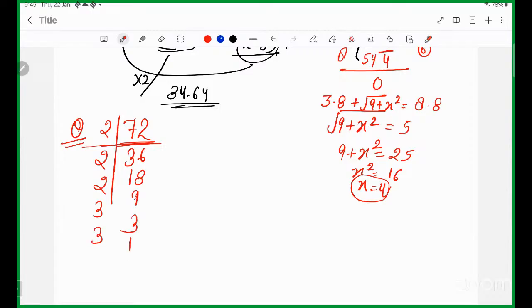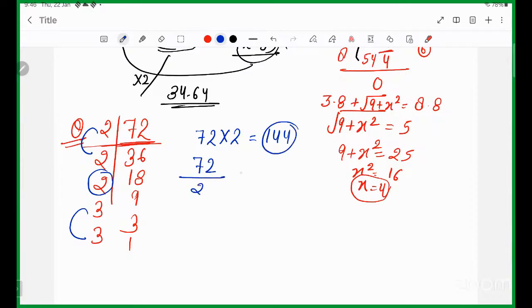So here I can see that I have a pair of 3, but I don't have a pair of 2. Either I should multiply 72 by 2, then I can get 144, which is the square of 12, or I should divide it by 2, so that also I can get a square. So if I multiply it by 2, I get a perfect square, and if I divide it by 2, I will also get a perfect square.